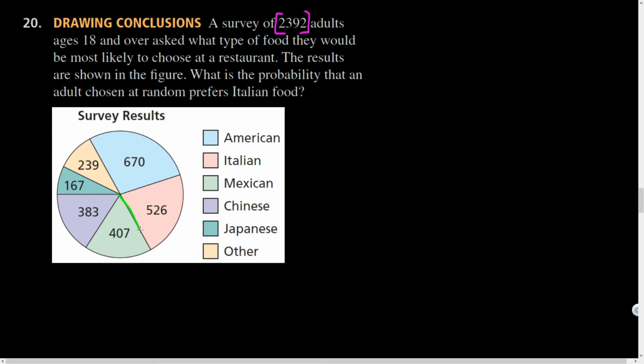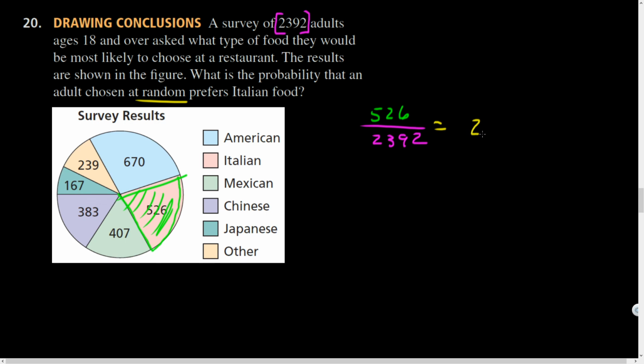Italian looks like this is right here. So here's my success. So I'm going to say 526 divided by 2,392. And probability works because random person, okay, is the key.